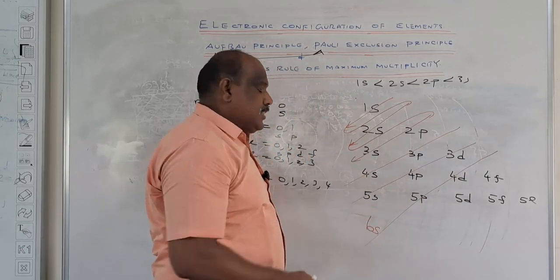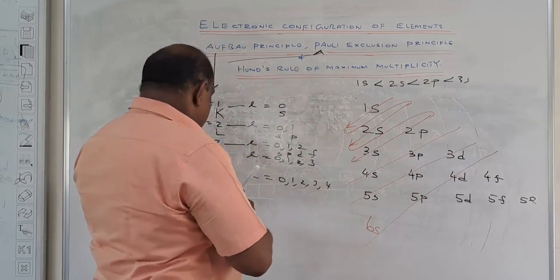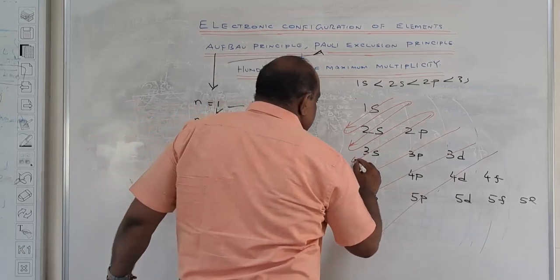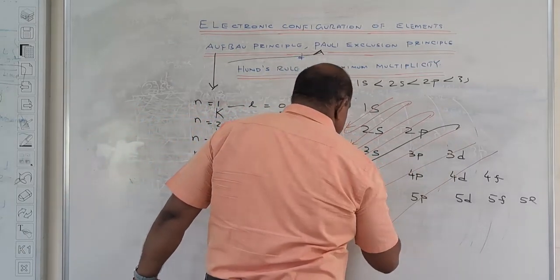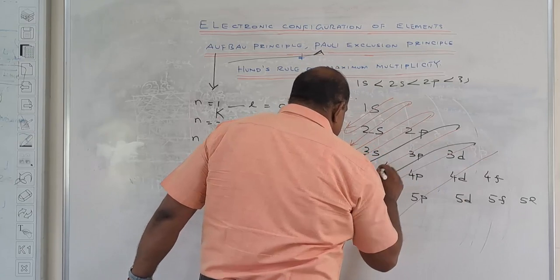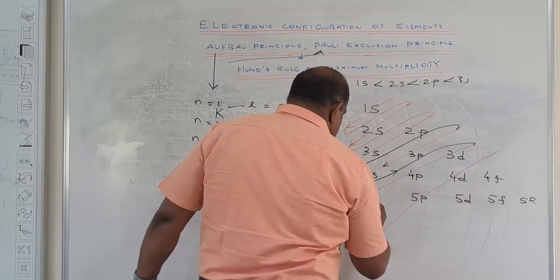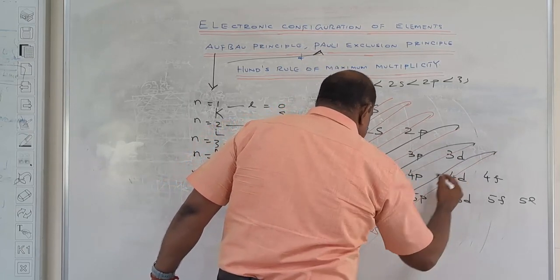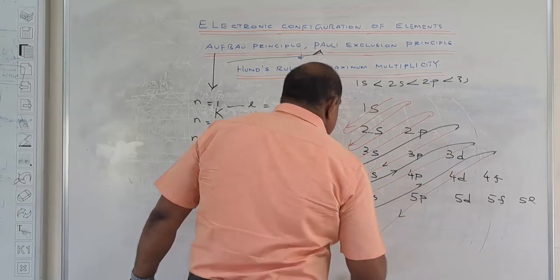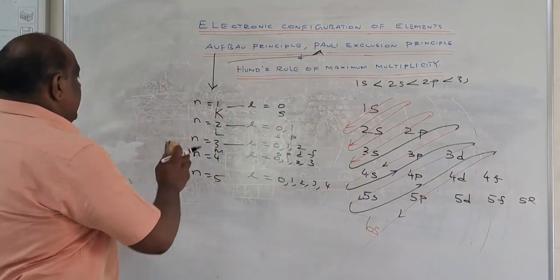Now we can see how the transformation is taking place. Always please indicate the direction. Direction is very important, otherwise you may make a mistake. Now we will write it.